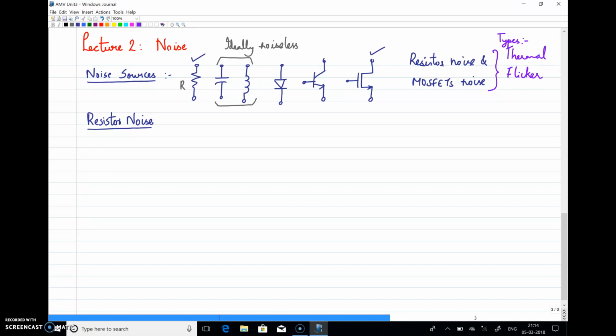In a resistor, noise is due to the random motion of electrons. This random motion of electrons leads to fluctuations in either voltage or current measured in a resistor.